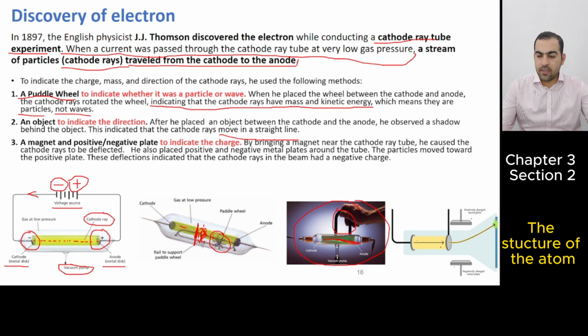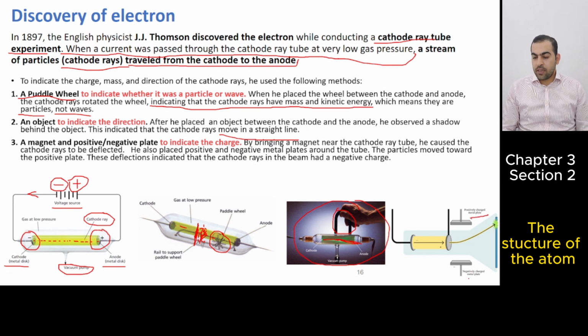So this indicated that the cathode rays have a negative charge. Why? Because there's a rule: when you bring a magnet near negatively charged particles, the magnet is going to deflect the negative particles.